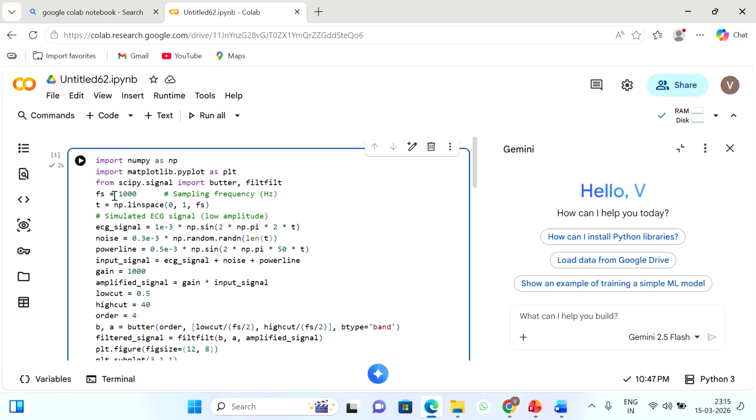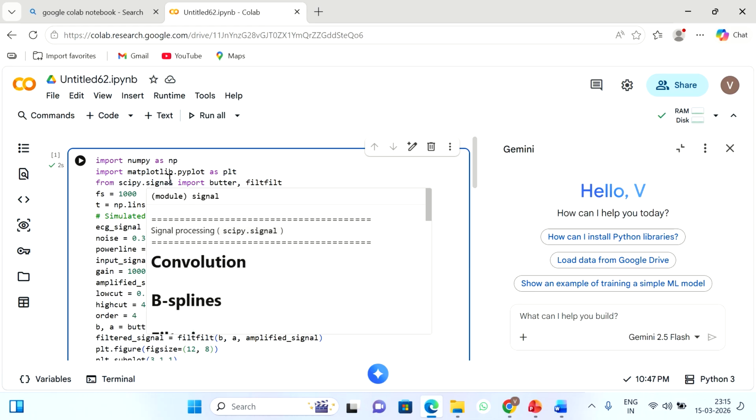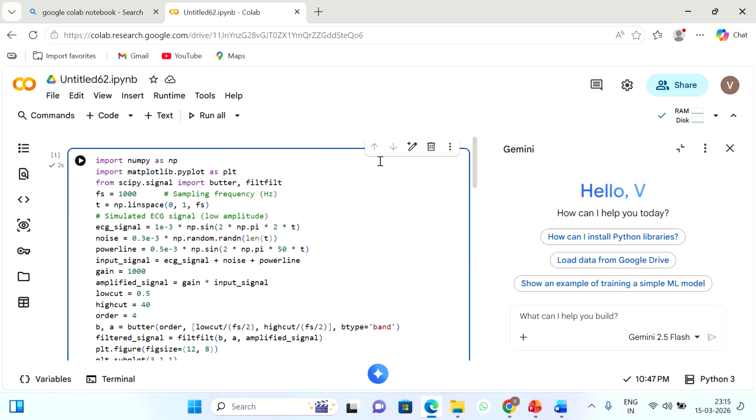So from the library, the module is imported, but the signal module contains many functions, out of which we are using butter and filtfilt. Only these two functions are necessary for this program. That is why these two functions are imported from the signal module.